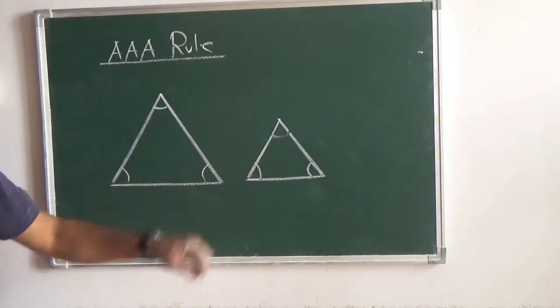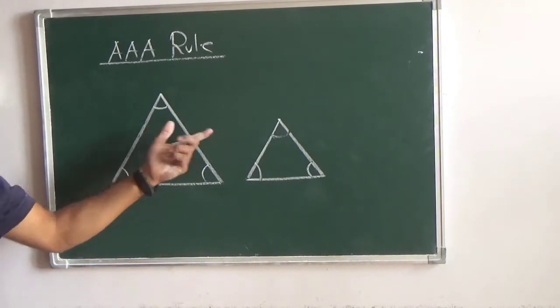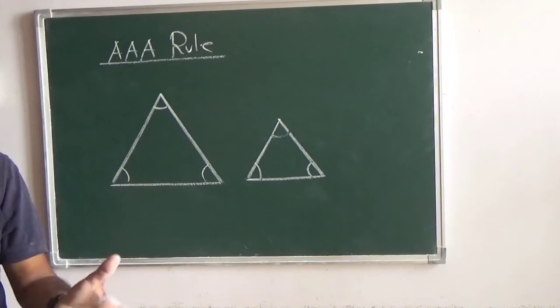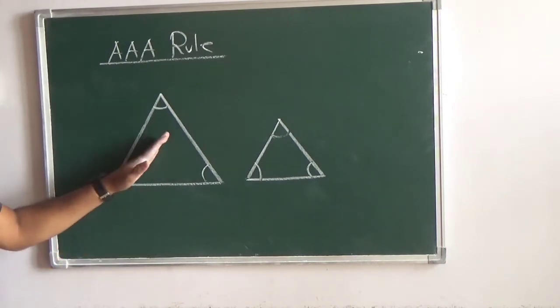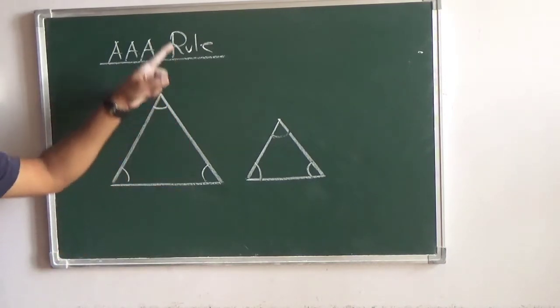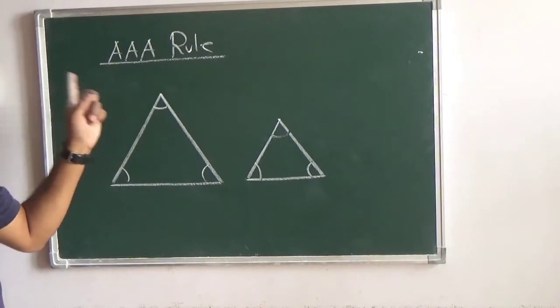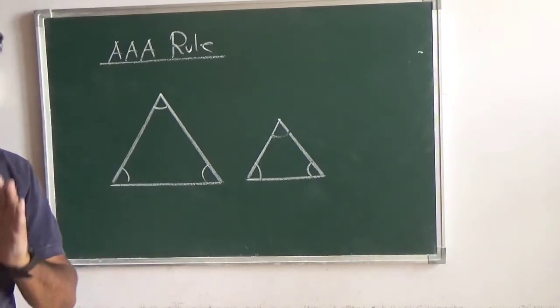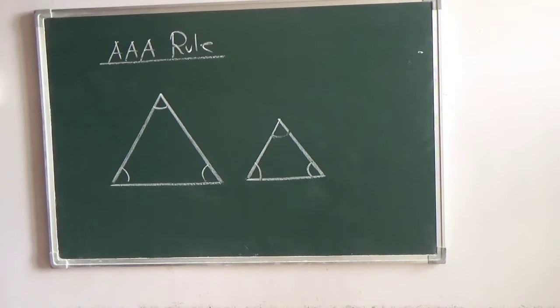Sizes may vary, but in case the two triangles are of the same shape and same size, then they will be congruent. But this rule is not to be followed in order to prove that the two triangles are congruent.